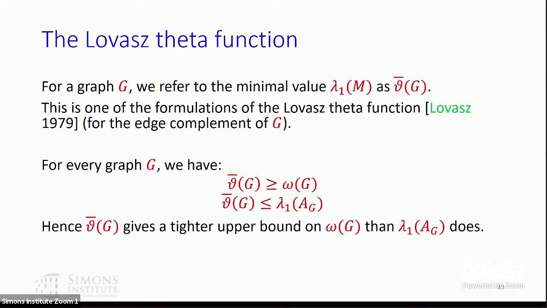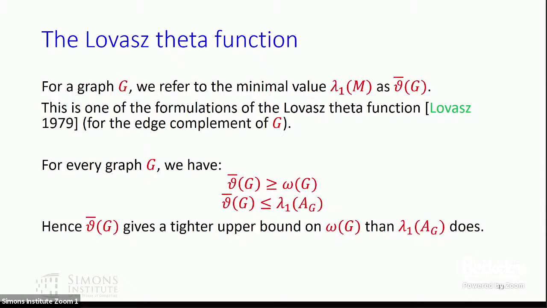And for every graph, we have that this theta bar is at least as large as the largest clique, because there's this block of all 1s that limits how much we can reduce the maximum eigenvalue. In the theta function, where it was originally defined, it was for the complement graph, so it was larger than the largest independent set.